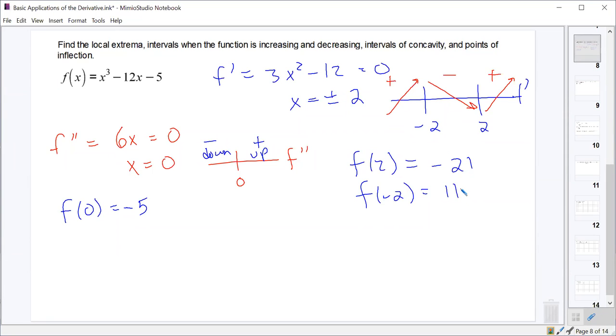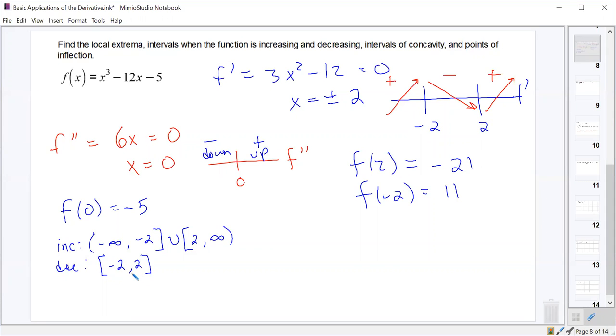So if we wanted to write all of this out, our function is increasing from -infinity to -2, union 2 to infinity, and it is decreasing from, gotta write brackets here, -2 to 2.